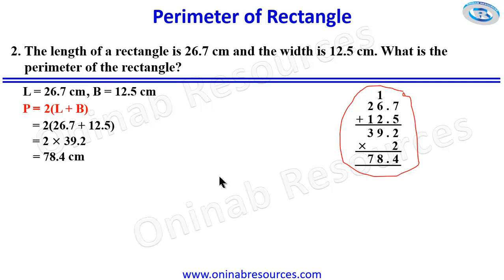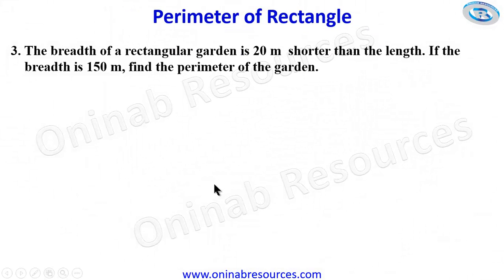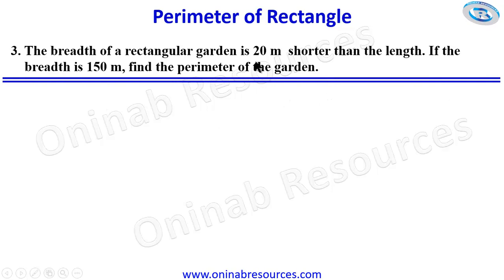We then go to problem 3. For problem 3, the breadth of a rectangular garden is 20 meters shorter than the length. If the breadth is 150 meters, find the perimeter of the garden. So we are given the breadth to be 150 meters, and we are told that this breadth is 20 meters shorter than the length.